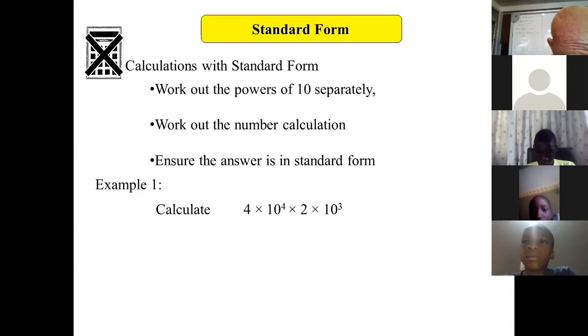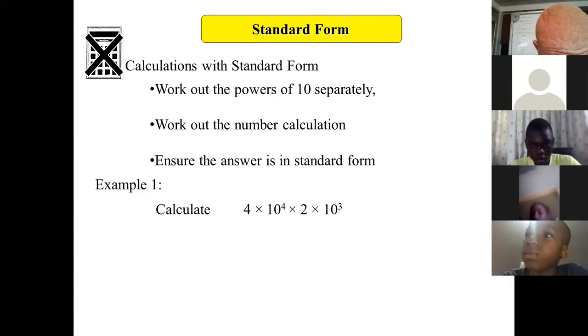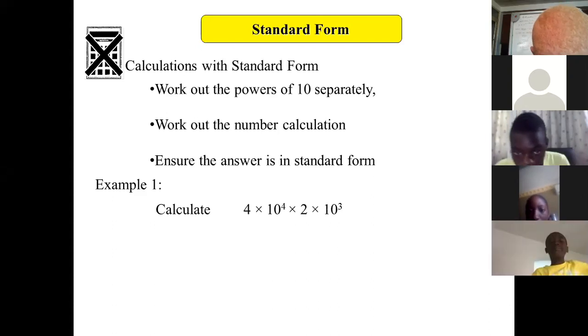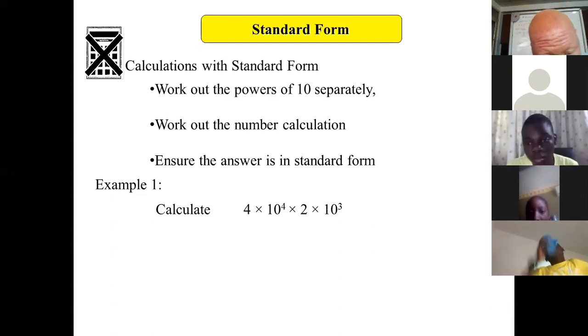So this example is saying that we should multiply 2 numbers. 4 times 10 raised to power 4, you are multiplying it by 2 times 10 raised to power 3.